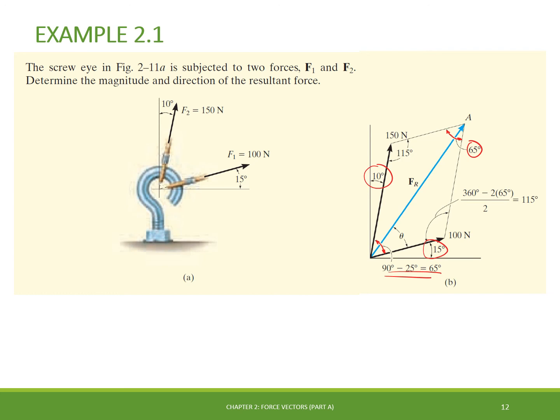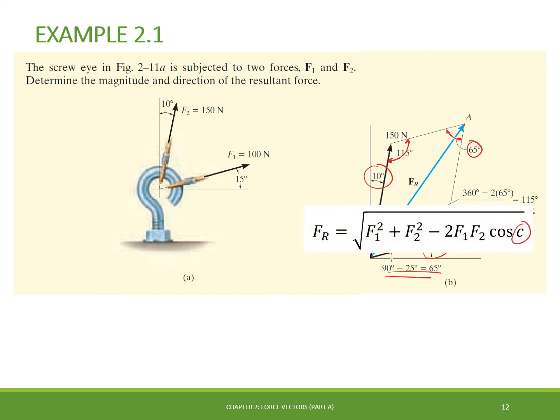Finally, since we also know that the sum of the internal angles in a parallelogram must be 360 degrees, we can calculate those two angles here using this formula, which will result in 115 degrees for each. The calculation of this angle is very important, since this is the C angle opposed to the resultant force that we need to calculate its magnitude using the cosine law.